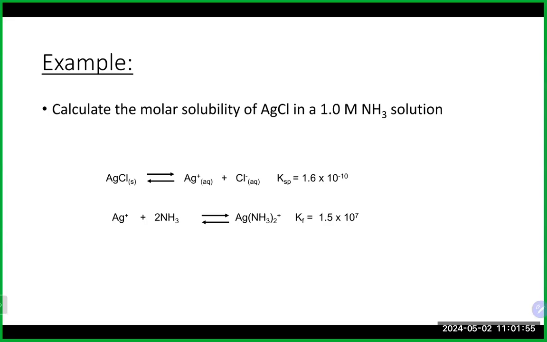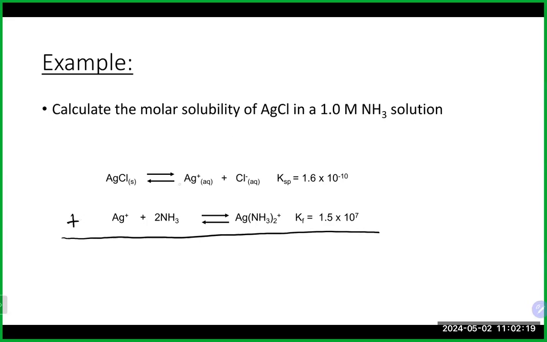So we have two types of reactions happening. We have a KSP reaction, which is our silver chloride going to silver ions and chloride ions. And we have a formation of a complex ion, which is our KF here, where the silver and the ammonia come together to give us this complex ion. So what I'm going to do here is just get our overall equation that's happening here.